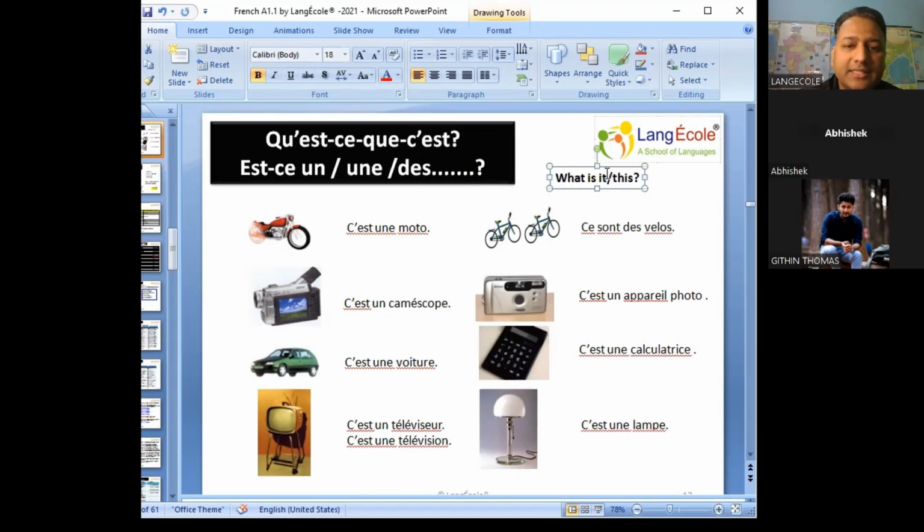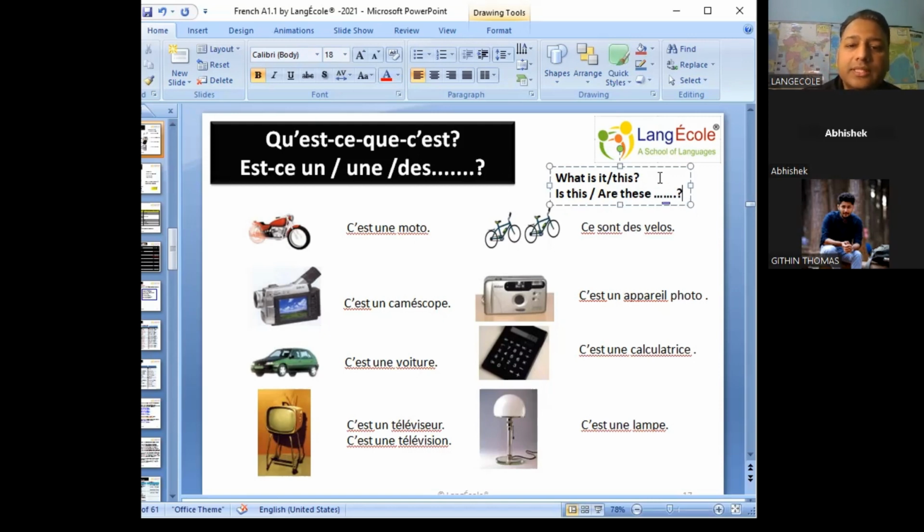And the second interrogative sentence that you have below that is: is this, or are these, right? Like this. And then you put one of these: a, an, or some. So you have this question, est-ce un, est-ce une, or est-ce des, and then you put something.